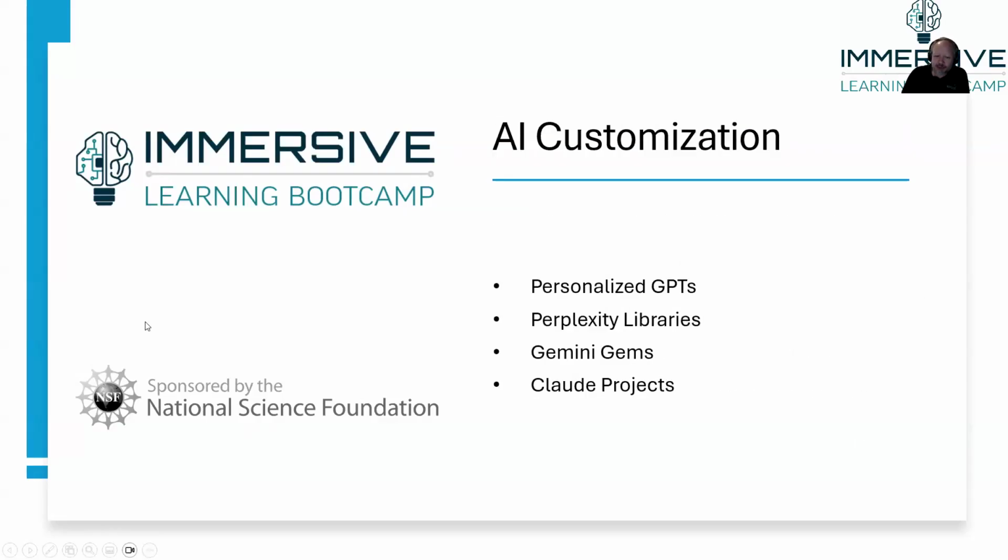Another deeper dive into it is looking at AI customization. I have several GPTs that I use that I've personalized. I also like Perplexity, which has libraries. Gemini has what's called gems, and Claude has projects. Unfortunately, Copilot has nothing. It does not yet have the ability to customize it, which is very frustrating.